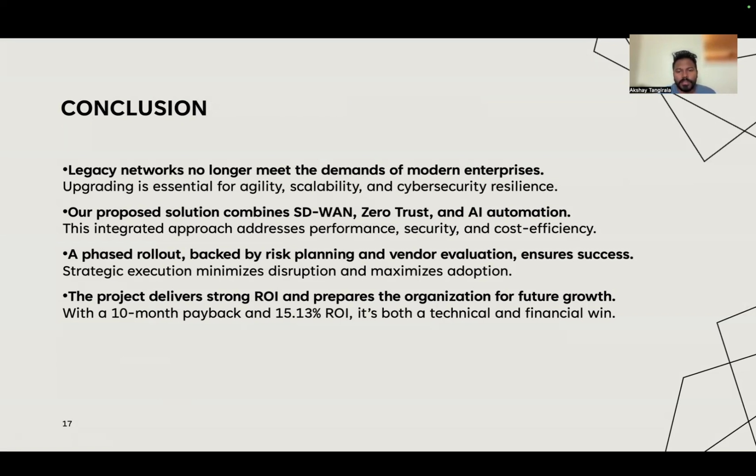It's a strategic transformation. It addresses current infrastructure gaps and prepares the organization for future innovation. With a 10-month payback and strong ROI, our proposal is both financially and operationally viable. Through careful planning and execution, we believe this project will deliver lasting value.